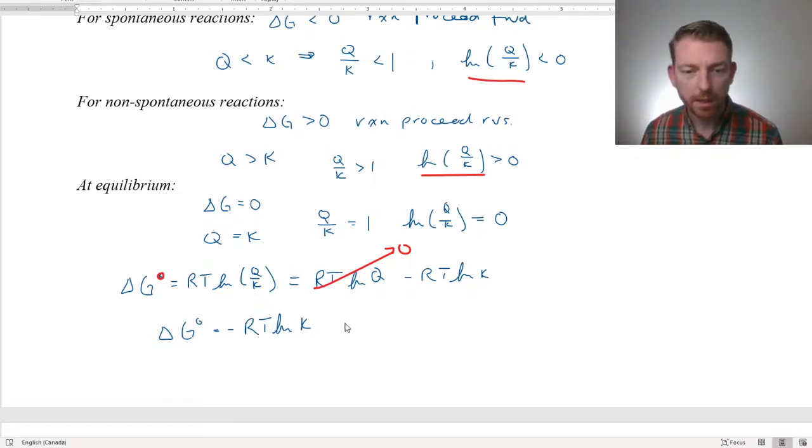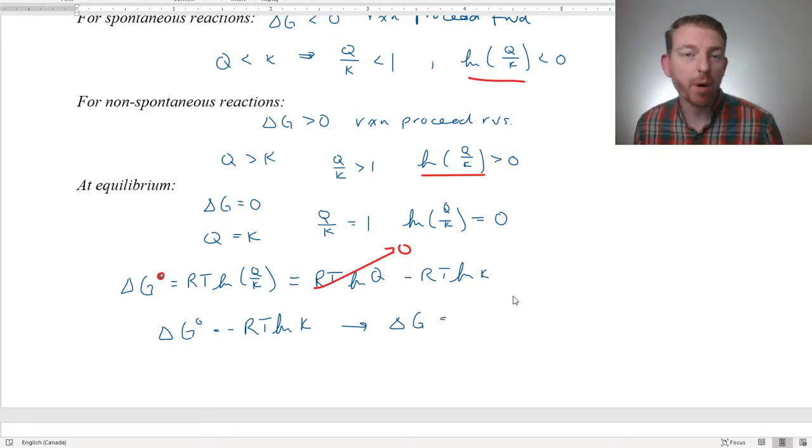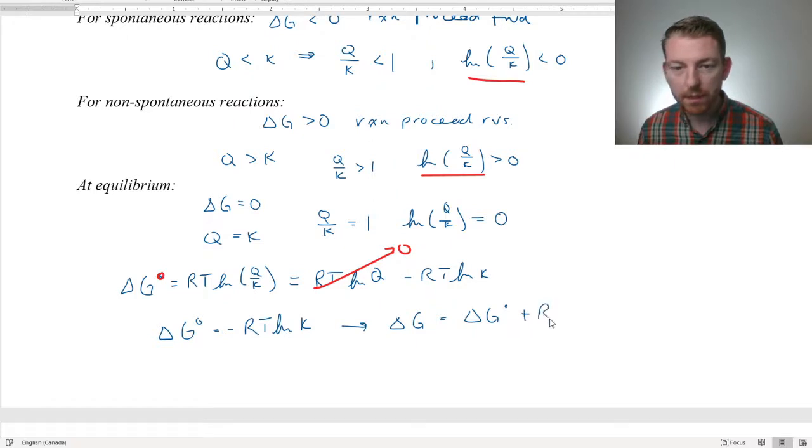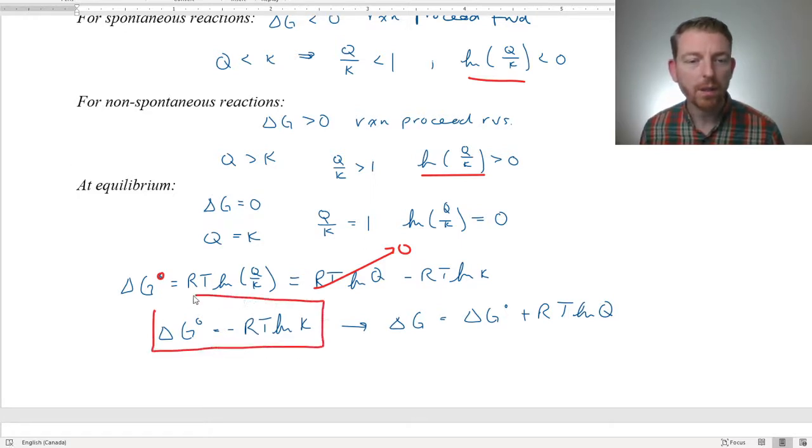And what else can we say there? Generalizing a little bit, if we just want to say delta G under any conditions, now Q can be any value, probably not just a series of 1s, and it's going to be delta G standard plus, and now we're just going to add back in that term, RT ln Q. Okay, so these are our two equations that are going to be quite helpful in the next portion and moving forward.